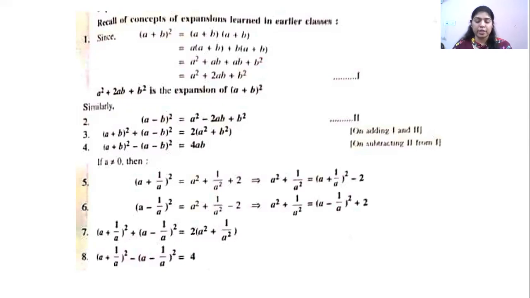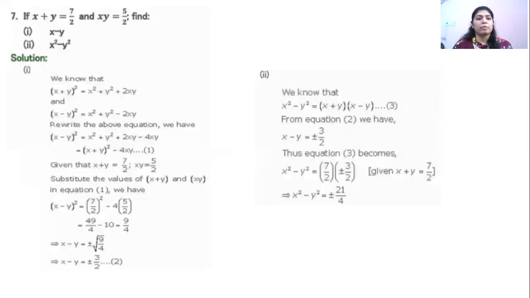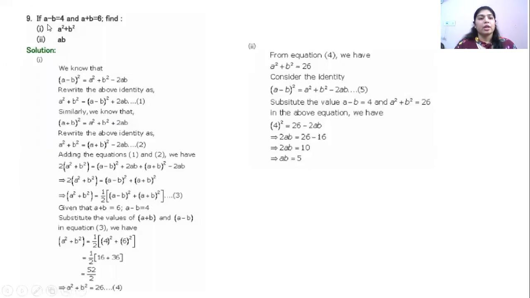Now come to question number 9. a minus b is given to us, a plus b is with us. So just apply the values of a plus b and a minus b in the identity. That is, 2(a square plus b square) is equal to (a minus b) whole square plus (a plus b) whole square.